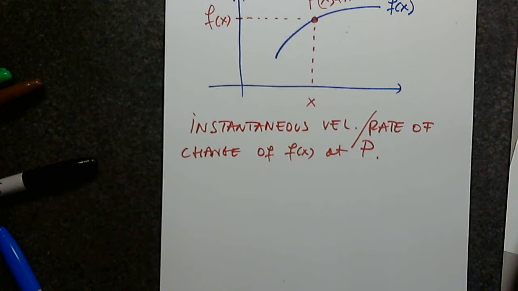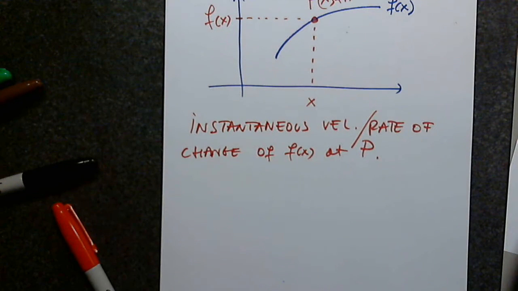But if I have this function that represents the trajectory, and let's say this is the distance function, then I will be able to find a rate of change, 2 seconds after I throw it up in the air. So it will be the rate of change of distance with respect to time. Okay, now how do I do that?